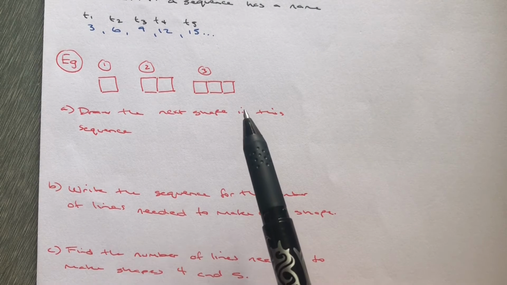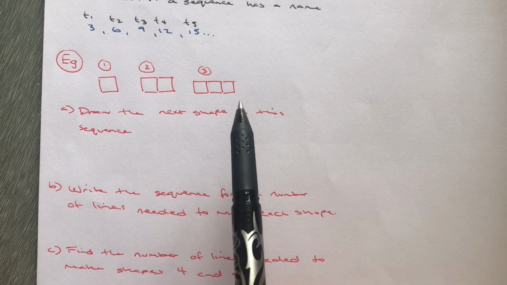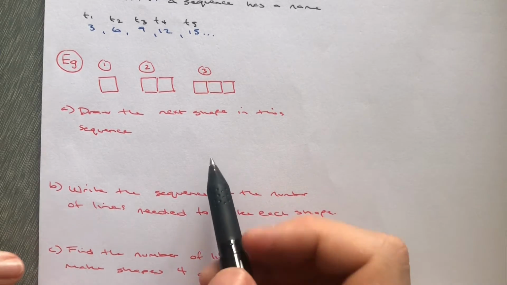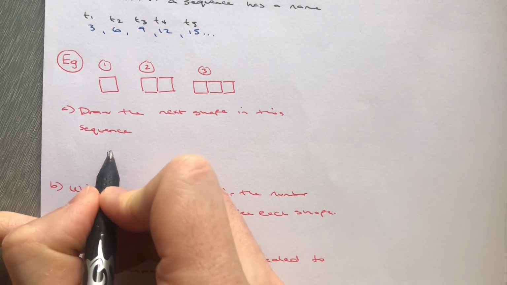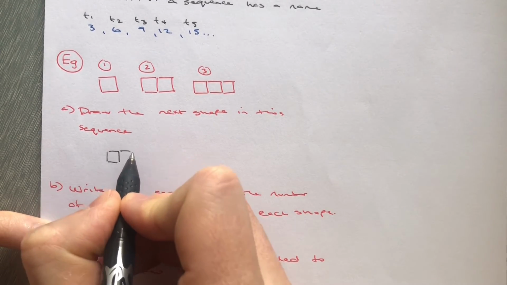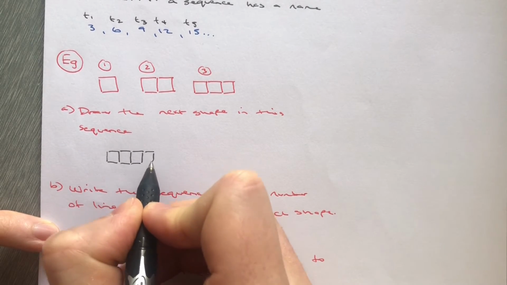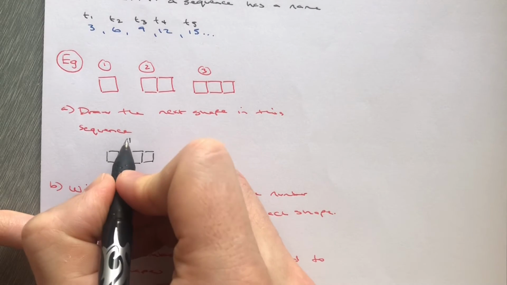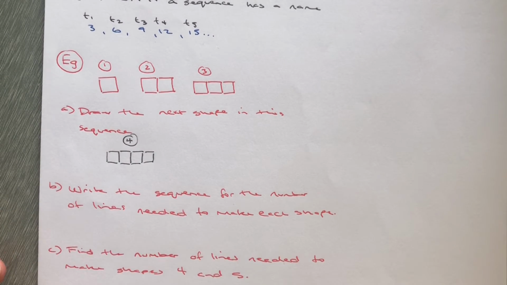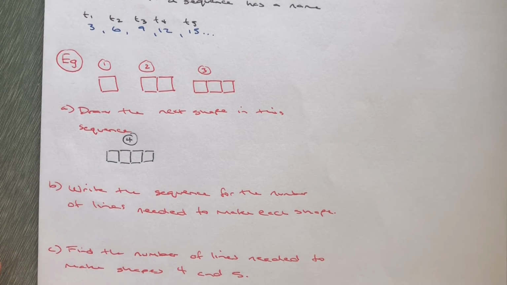So I'm guessing the fourth shape is going to be 4 squares connected. Let me quickly draw that. This is what I think the fourth shape's going to look like. I'll put a number 4 above there. So we're done with that one.